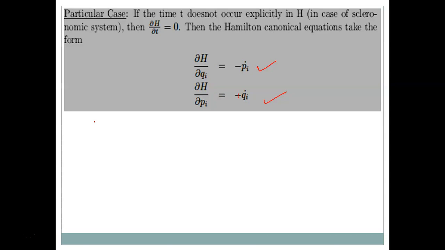In fact, both the Hamiltonian and the Lagrangian of the system require the kinetic energy and potential energy. You know, Hamiltonian means T plus V and Lagrangian means T minus V. These two things are important, and then we can find the equation of motion either using the Hamiltonian or the Lagrangian.